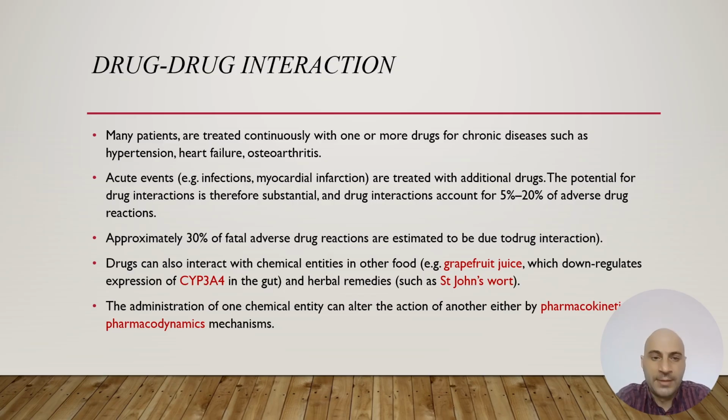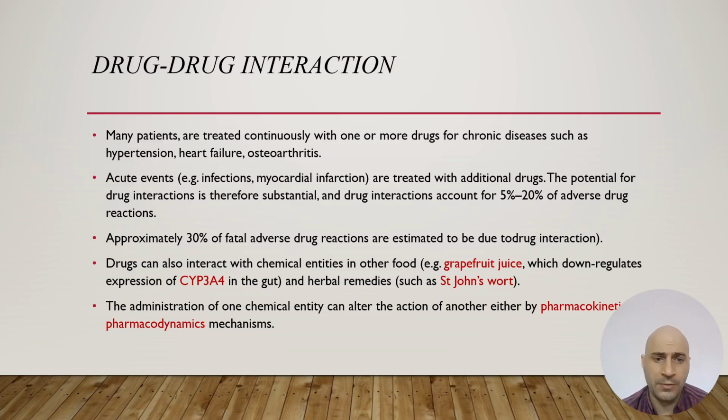Now we talk about drug-drug interactions. Many patients that come to the clinic to seek treatment for a condition have other underlying conditions, other diseases. Common ones would be diabetes, hypertension, heart failure, osteoporosis, and they are taking medications for these conditions.